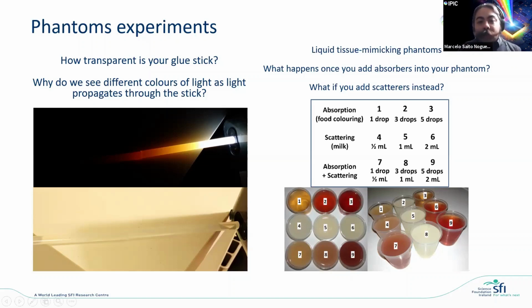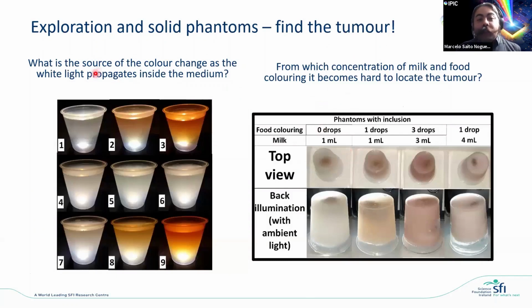You can also think, how exactly could I mimic tissue? Tissue has a combination of absorption and scattering properties. Could I actually explain and predict how much light will propagate through media with more or less absorption and scattering?